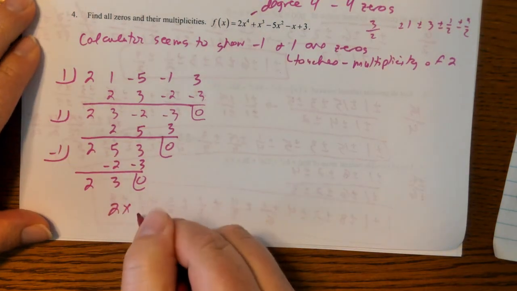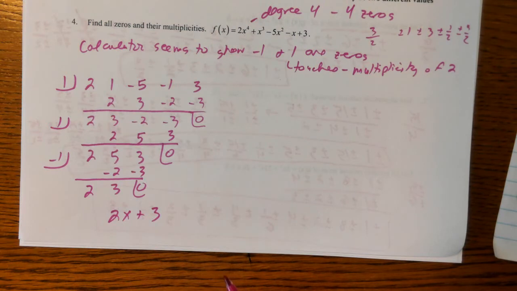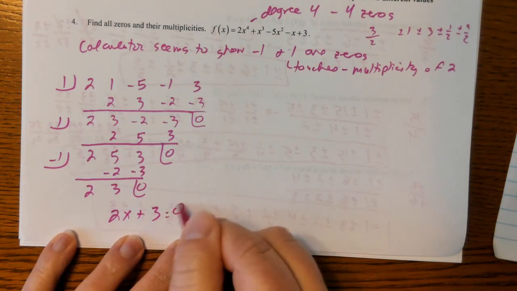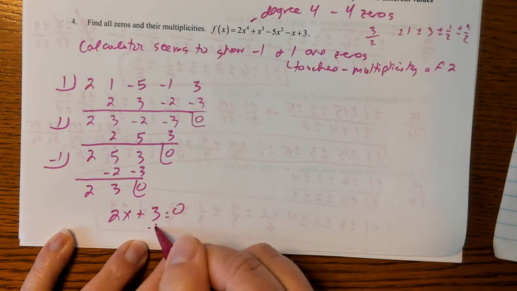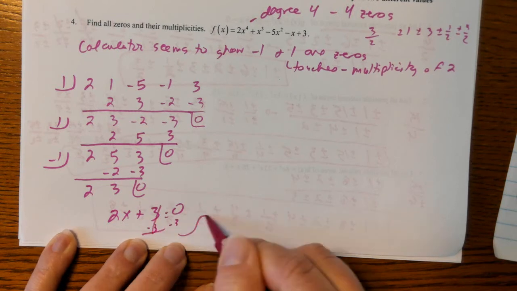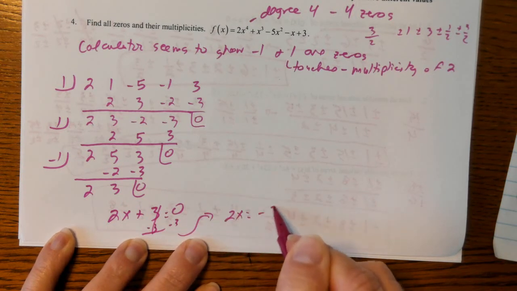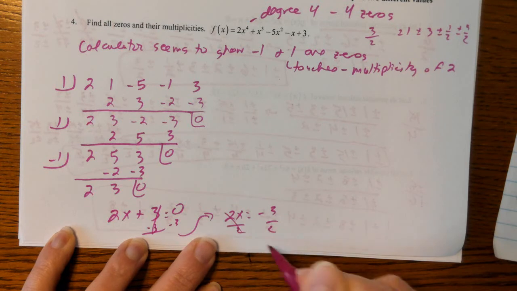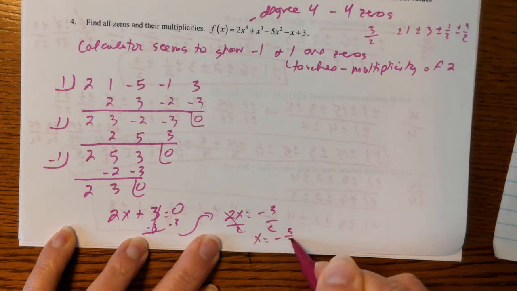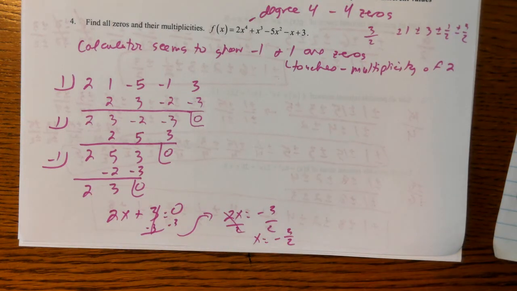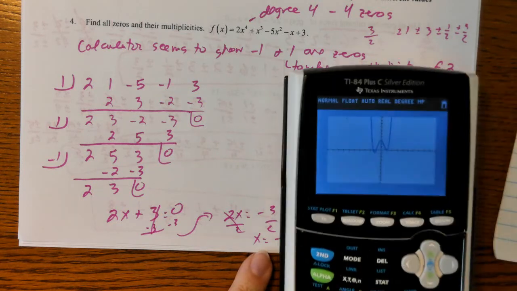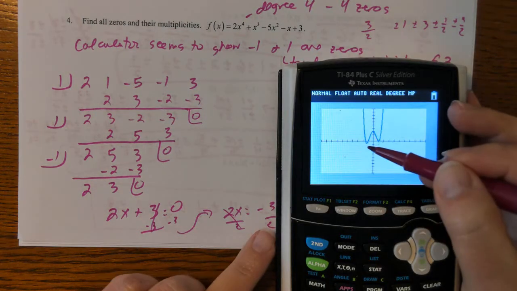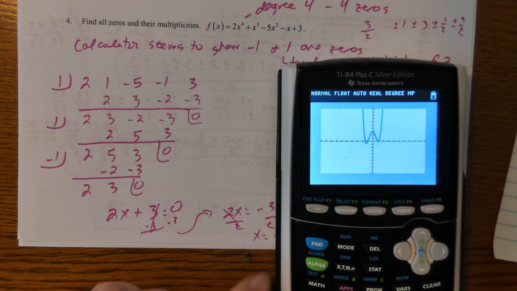So I've got a 2x plus 3 as this depressed polynomial. If I set that equal to 0, I can finish solving. I can minus 3 on both sides. 2x is negative 3. Divide by 2. X is negative 3 halves. Negative 3 halves is that last 0. That's negative 1.5. And sure enough, I bet you negative 1.5 is that last 0 right there.